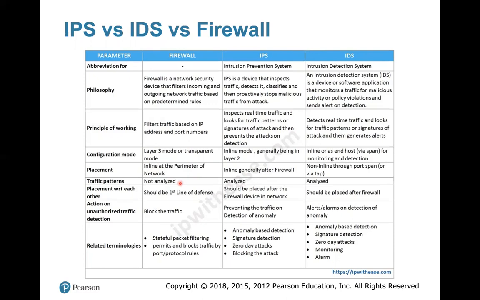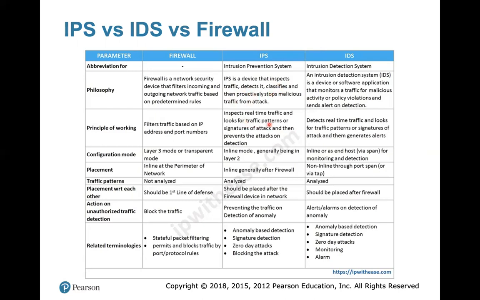It doesn't analyze traffic mostly. It is the first line of defense. It always blocks the traffic, and it may work based on stateful filtering or packet filtering or things like this. But IPS inspects the traffic and detects or classifies the traffic or packets, and alarms or alerts the administrator.